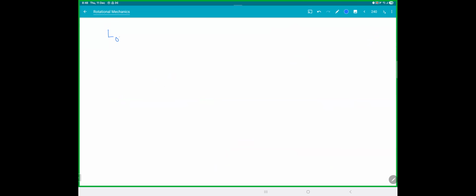You take L about O dash. This is your O dash. What is R vector now? Your R bar is this thing, the length of the string. That is a direct thing, R bar there, right? And this is your velocity vector.